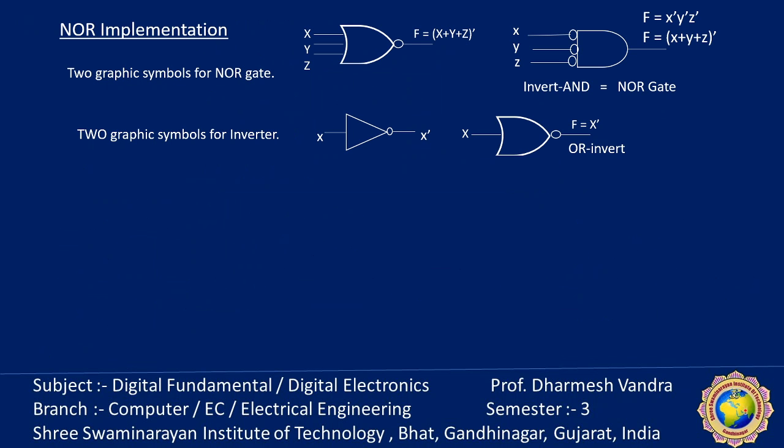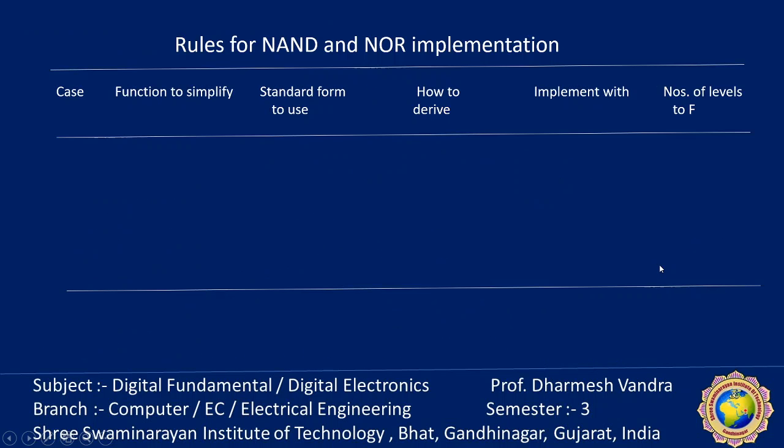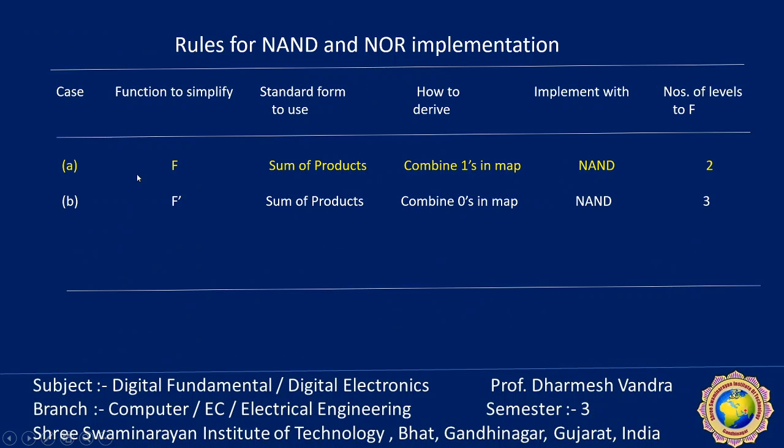F function in sum of product is 2-level, F dash in SOP is 3-level NAND gate. If F dash, it will become a 3-level NAND gate. We have to combine all zeros because we have to find out F dash. Combine all zero minterms and find the sum of product F dash. It will become a 3-level NAND gate.